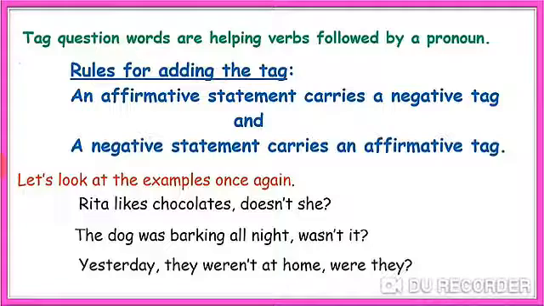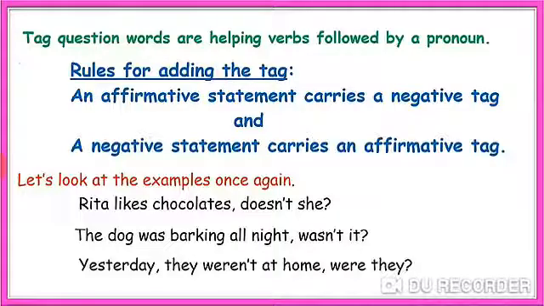We copy the statement Rita likes chocolates followed by a comma, then we add a helping verb doesn't followed by a pronoun she, because here the subject Rita is of feminine gender, so we add she as a pronoun and then a question mark. Now since Rita likes chocolates is an affirmative statement, therefore the tag is a negative one.